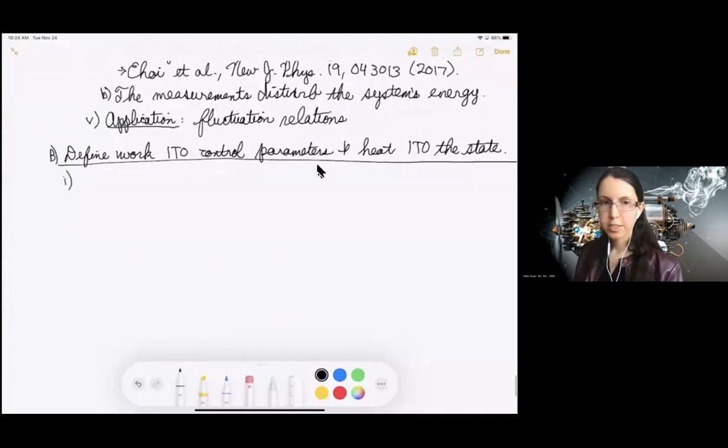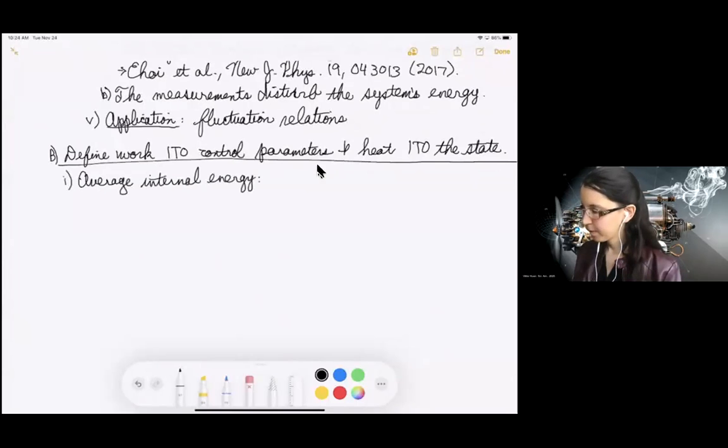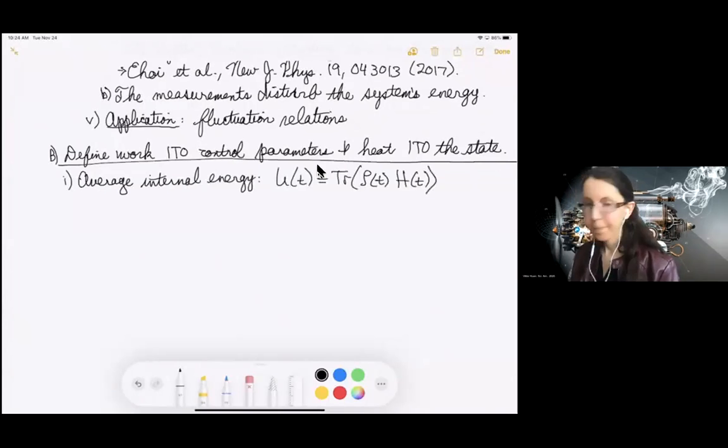Let's say that the average internal energy of our system, denoted by U of t, is a trace of the state times the Hamiltonian at the same time.